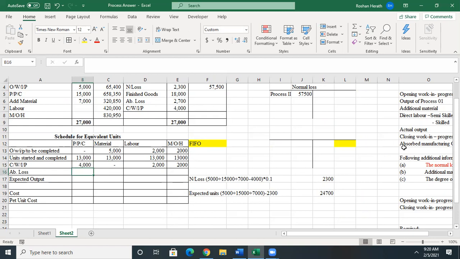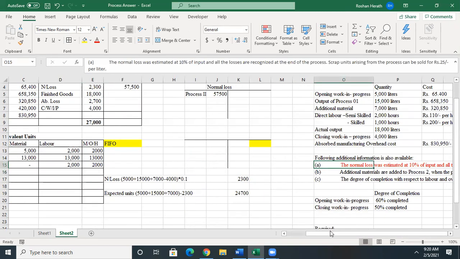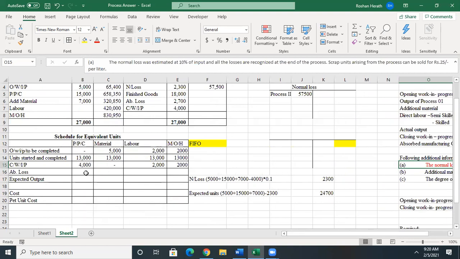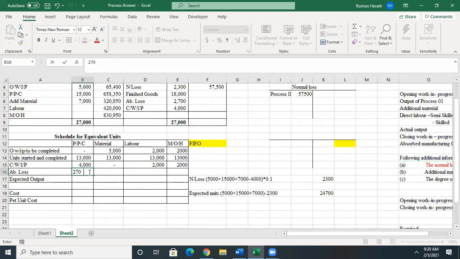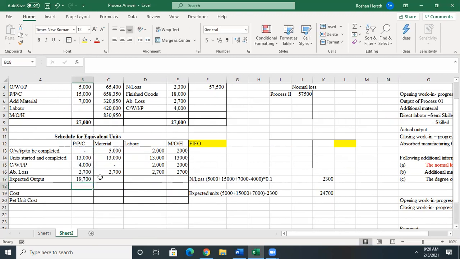When it comes to the abnormal loss, the question says that the abnormal loss, or the losses that we identified, are at the end of the process. So if we identify the losses at the end of the process, then everything must be there with respect to this. That's it. So you can take now the expected output. 19,700.